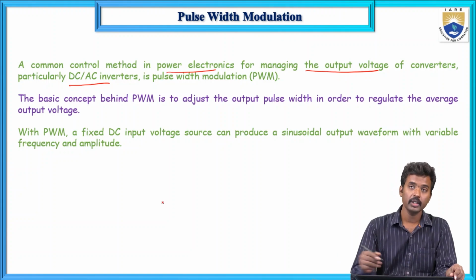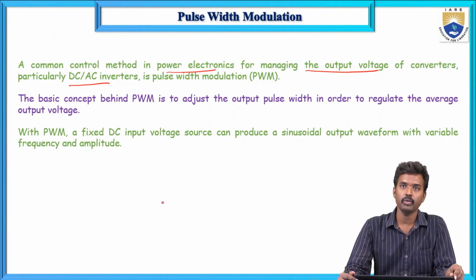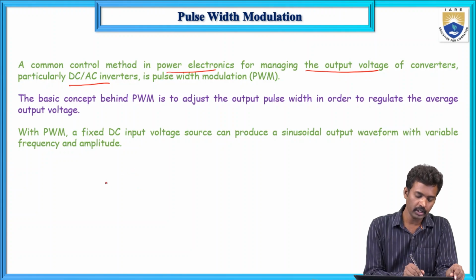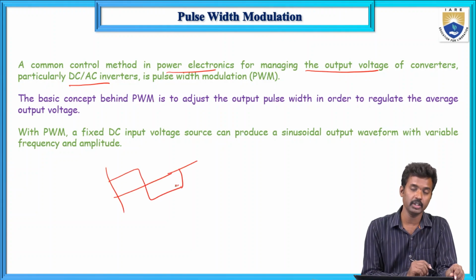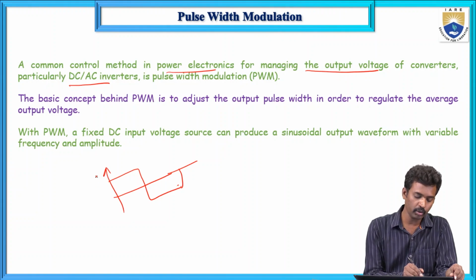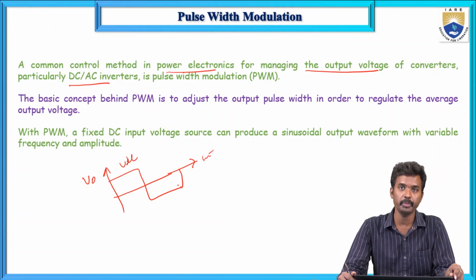Now the output voltage of the voltage source inverter is fixed. V0 is fixed, plotted against omega t, with VDC for a full bridge. For a half bridge, that is VDC by 2.